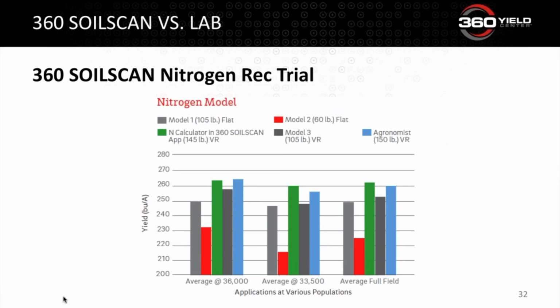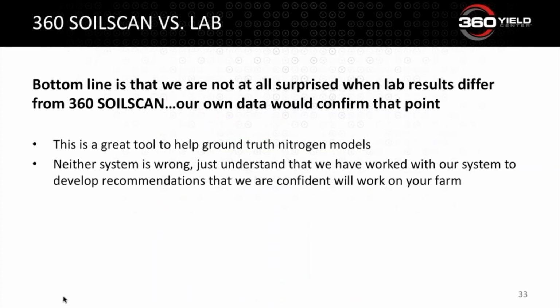And so we have really good confidence in the technology. We have really good confidence in the information. We have really high confidence that the decisions you're making based on our system are good, solid agronomic system decisions. Here's the bottom line: we're not at all surprised when lab results differ from 360 soil scan.